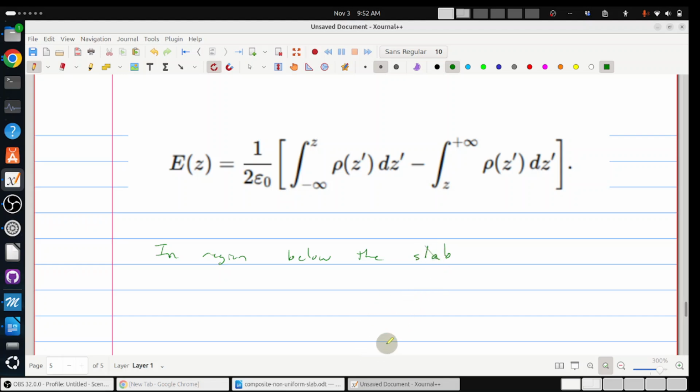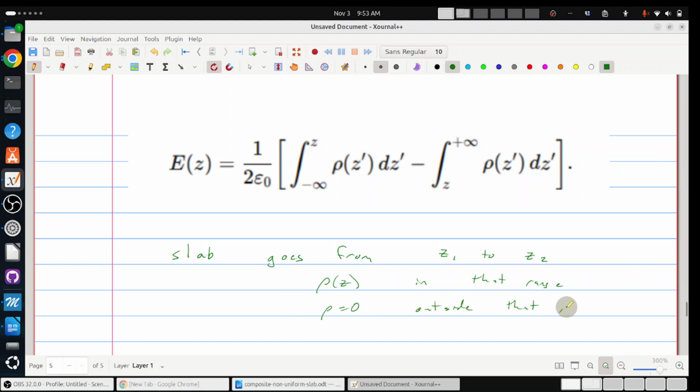If you're below the slab, so let's just say our slab goes from some Z1 to some Z2, then you've got some density function in that range, and rho is equal to 0 outside that range.